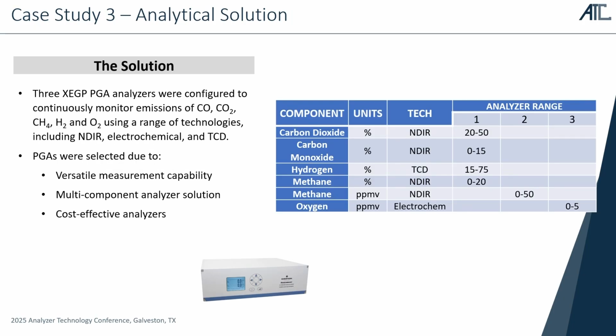Here the solution was 3 Emerson XEGP PGA analyzers configured to continuously monitor CO2, methane, hydrogen, and oxygen using a range of different technologies. They were selected in this case due to their versatile measurement capability, multi-component analyzer solution, and that they're a cost-effective analyzer.